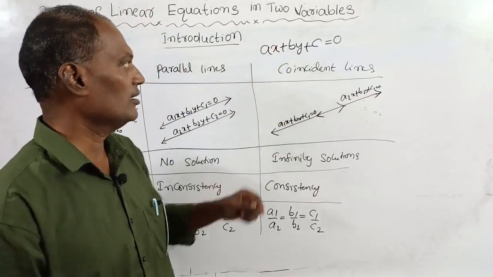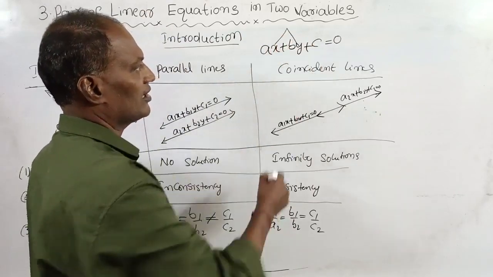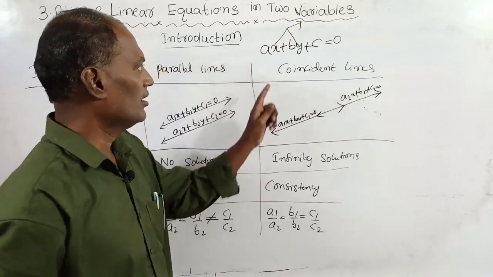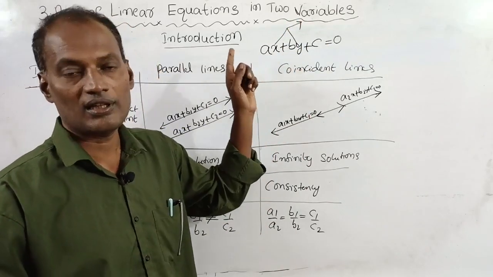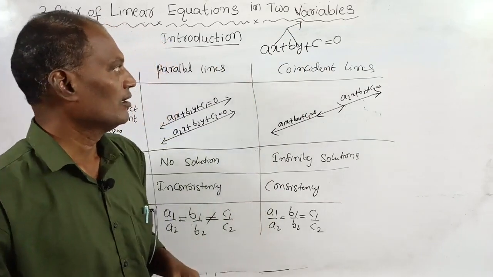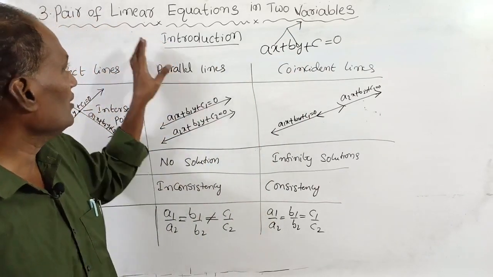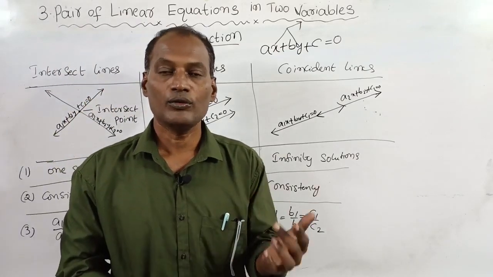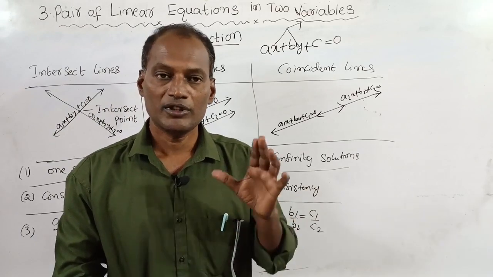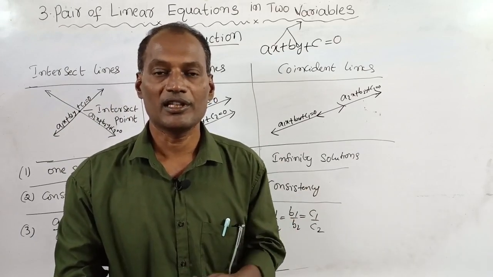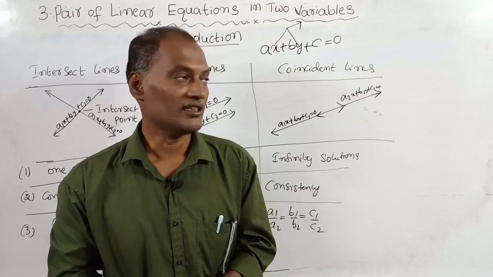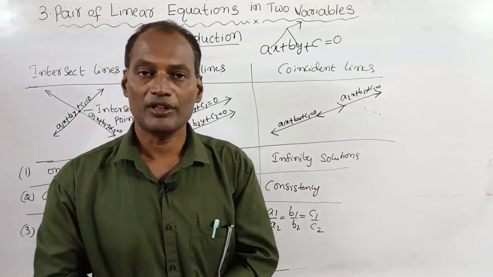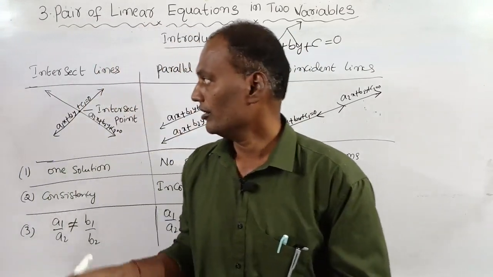This x, y, these are called variables, and a, b, these we can call coefficients. Why are these called pair of linear equations? Because they will give two equations. From the two equations we have to solve the problem. That's why these are called pair of linear equations. These have two variables. This is the introduction about the pair of linear equations in two variables.